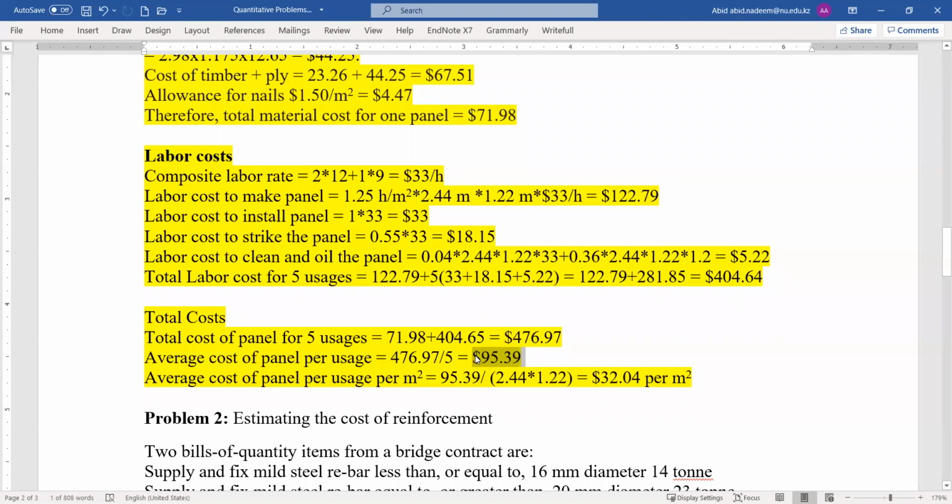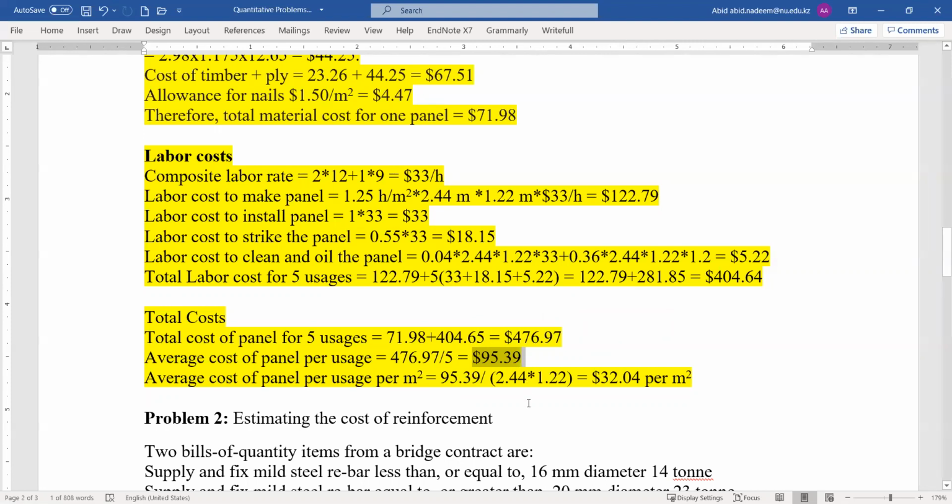So in this way, these costs can be used. For example, if there is a formwork supplier, the formwork supplier may estimate this much cost for the formwork. If the supplier wants to rent that formwork, they may rent at this rate, $95.39 for one usage.